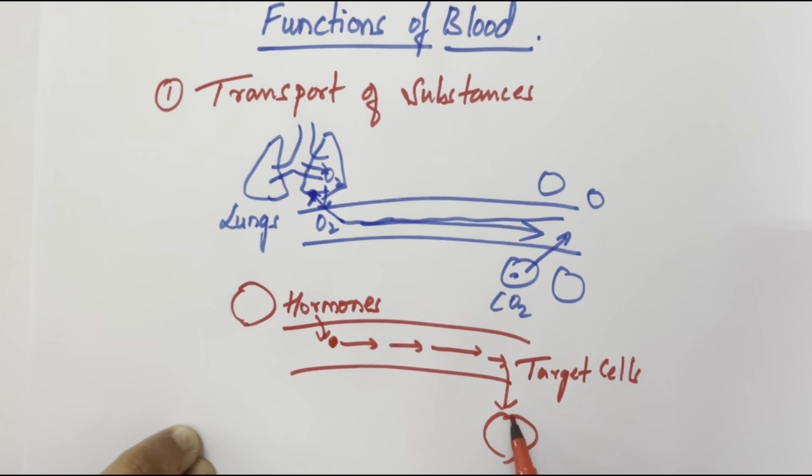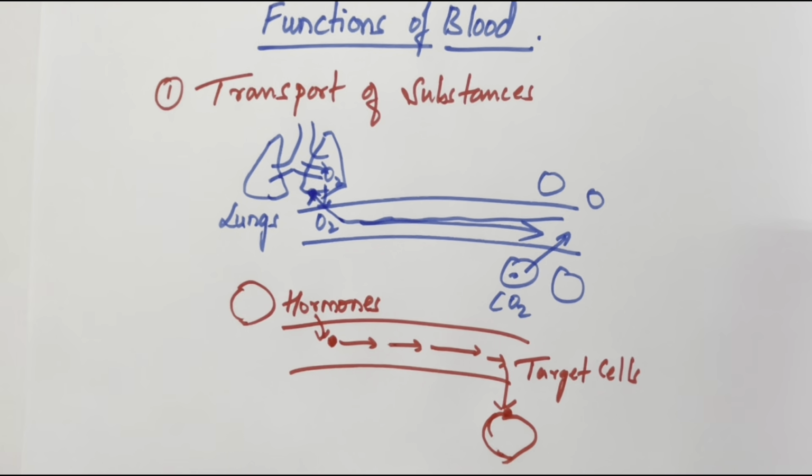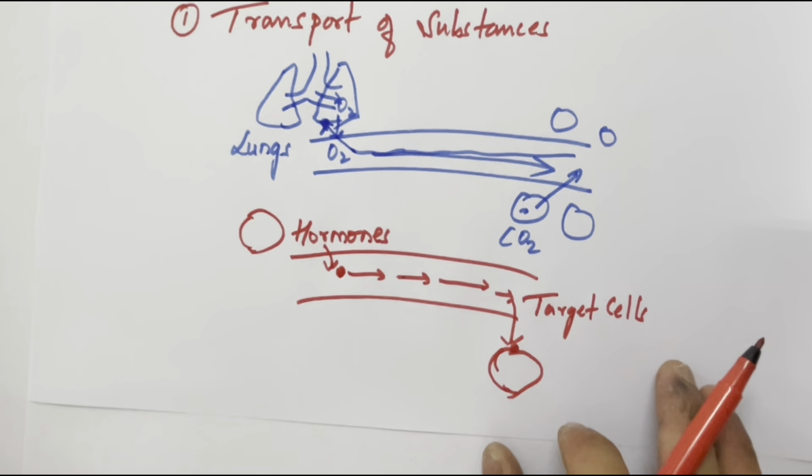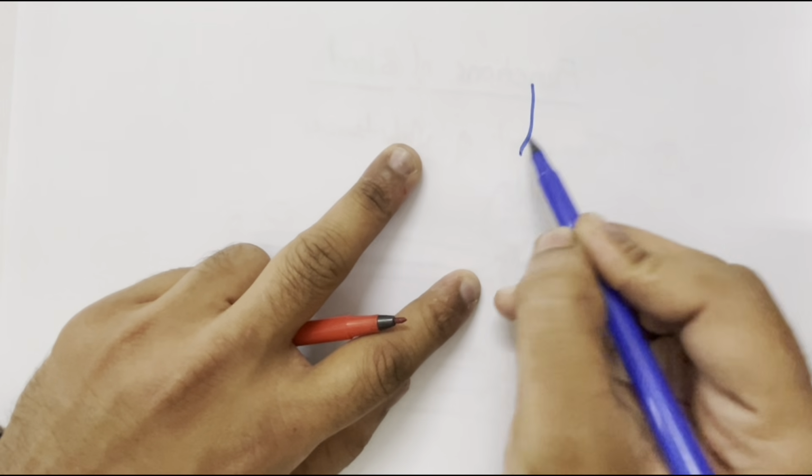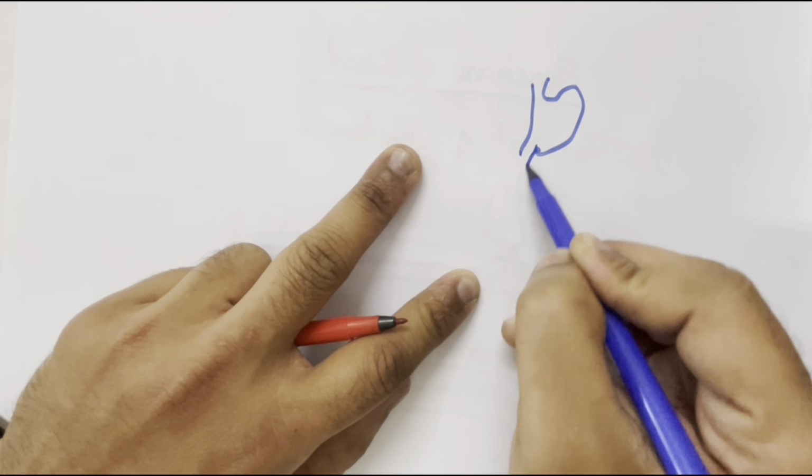It reaches the target tissue, acts on the receptor and performs its action. So this is one more example of how the blood acts as a vehicle in transport of substances. Similarly, blood is also a vehicle for transport of nutrients from the gastrointestinal system. We'll discuss. So consider this is the GI system, briefly stomach and intestine.